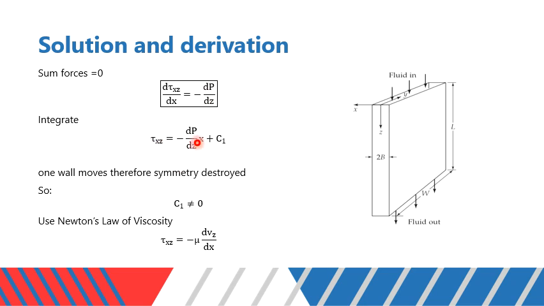So now we will integrate minus dp by dz plus C1 with respect to dx. We will integrate with respect to dx and we will get this. dp by dz is basically delta p by l.